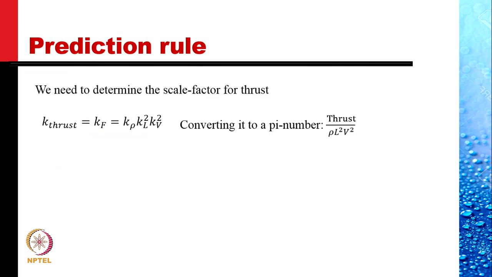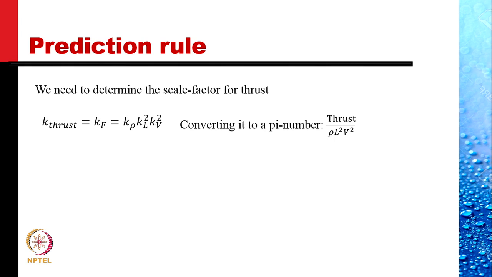And then, to determine the scale factor for thrust, we note that thrust is like any other force. So, the scale factor for thrust would also be equal to the scale factor for any other force, and we choose the inertial force for simplicity.